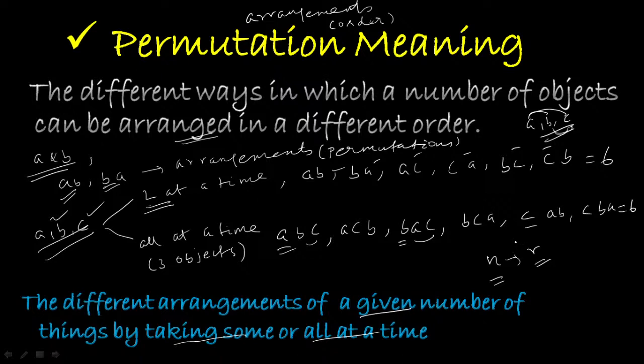To find the number of permutations of n objects, we can use the fundamental counting principle or factorial notation. That's why I explained the meaning of factorial notation at the beginning, because permutation is defined based on the concept of factorial notation.